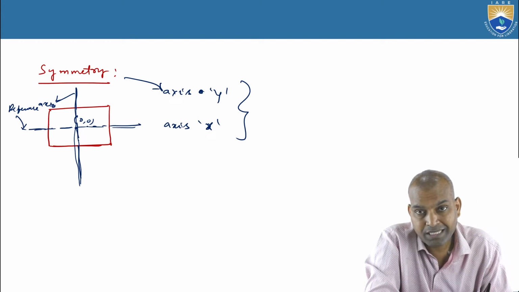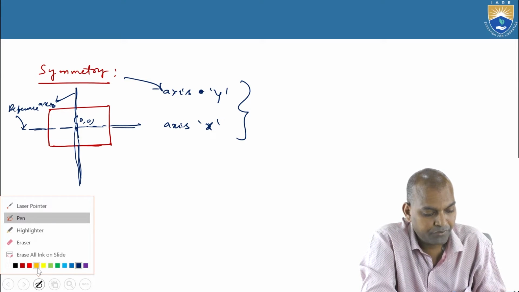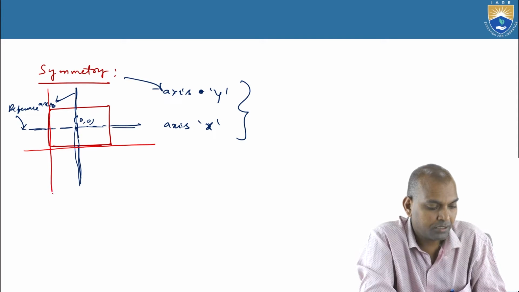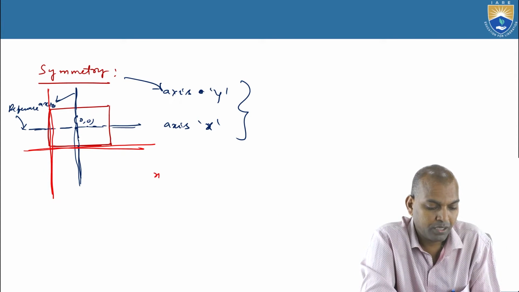If we consider the reference axes to be the adjacent base and side, these are the reference axes. Then what is bar x comma bar y? Suppose here it is B and here it is H in total.